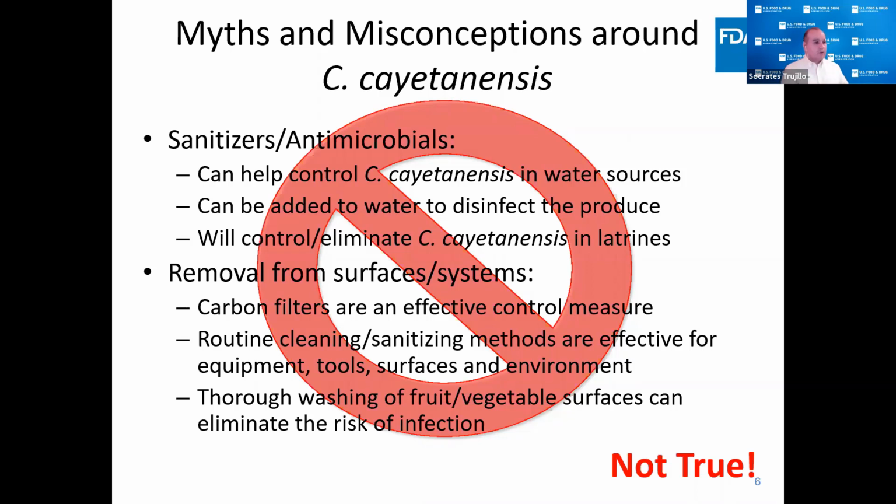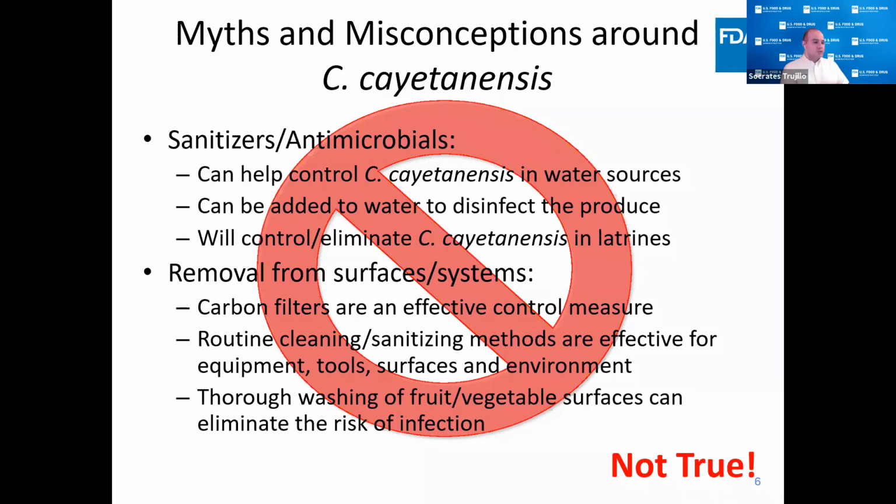Water that has the antimicrobial is not going to disinfect produce, because these antimicrobials that are used against viruses and bacteria have no effect on Cyclospora cayetanensis. Adding these chemicals to latrines also has no indicated effect, because individuals who are sick are shedding Cyclospora cayetanensis.